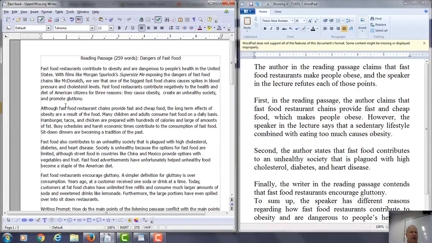Okay, the next idea here, it says, for the reading, we have the second point, fast food also contributes to an unhealthy society because the options, this is what you're not saying, the options for fast food are limited. This is a pretty big idea.